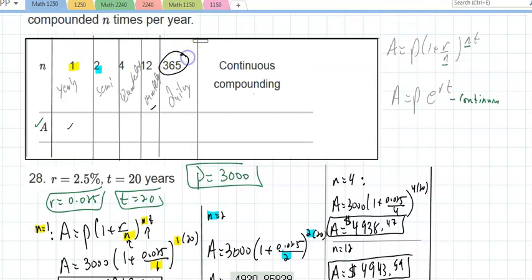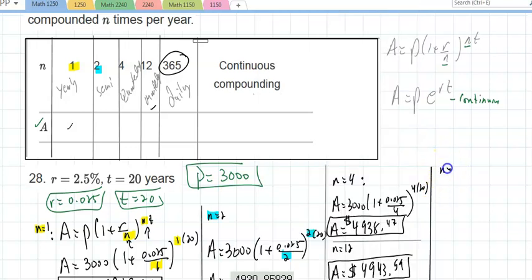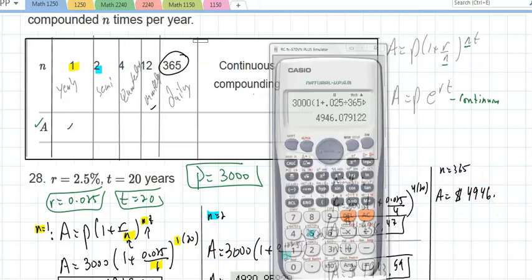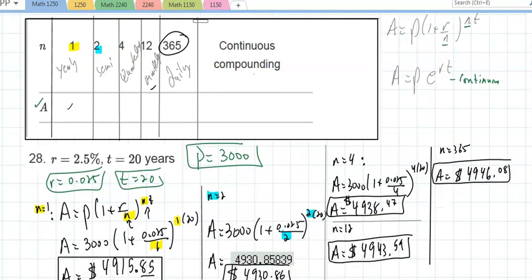So if I go for daily, I will go back and replace that by 365. $4,946 and 8 pennies. And do you notice that the amount is not changing much as you start moving?